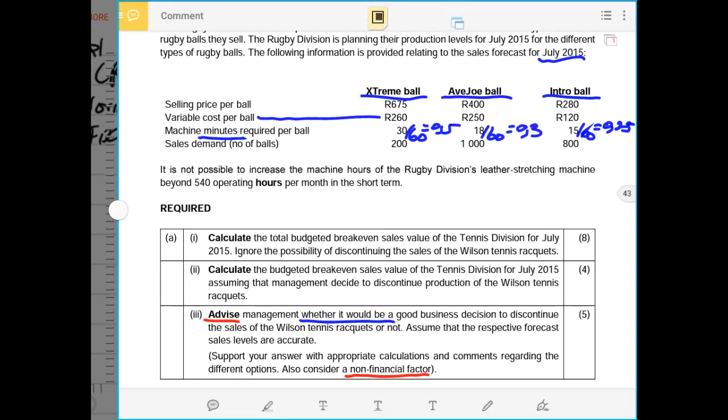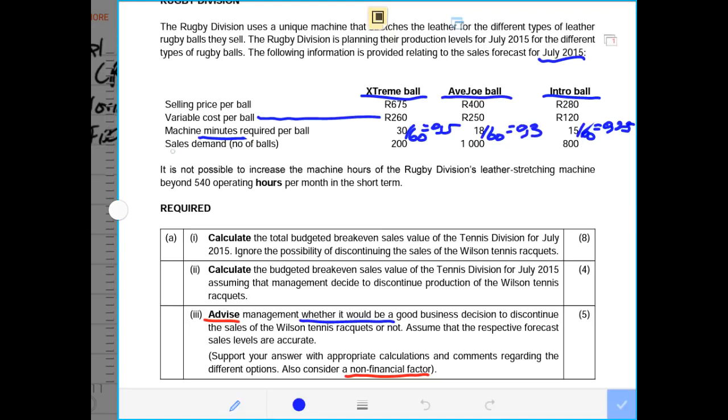I prefer that approach. Then they give us the sales demand for the balls, which is 200, 1,800 units for Extreme, Avjo, and Intro respectively. It is not possible to increase the machine hours. Take note, it is not possible to increase the machine hours of the Rapid Division leather stretch machine beyond 540 operating hours per month in the short term.